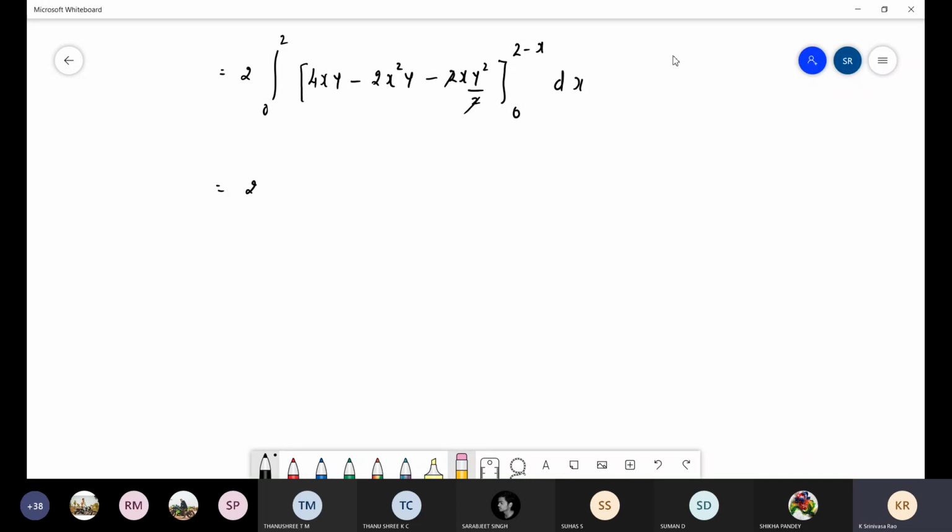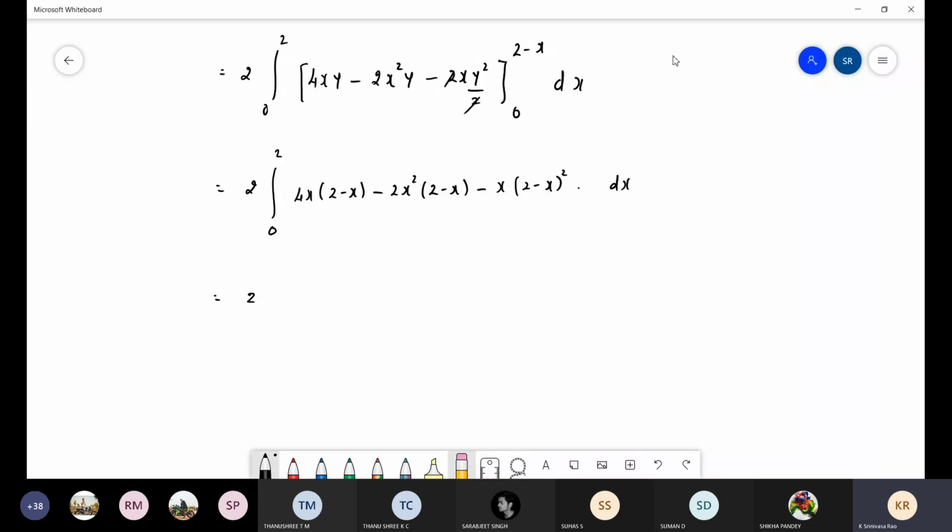Two times, because it is a triple integral, so it is a little bit lengthy. That's why I told you in the last class they will ask only evaluate, they will not ask verify. 0 to 2, upper limit: 4x into 2 minus x, minus 2x square into 2 minus x, minus x into 2 minus x whole square, y square. Upper limit, lower limit is 0, dx.